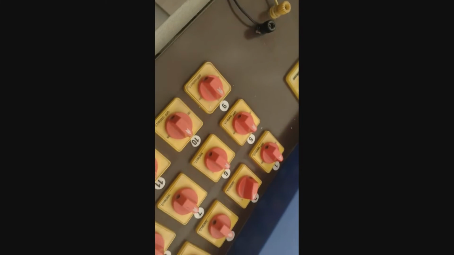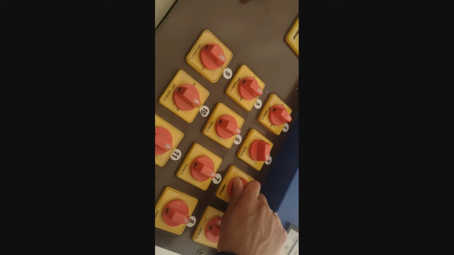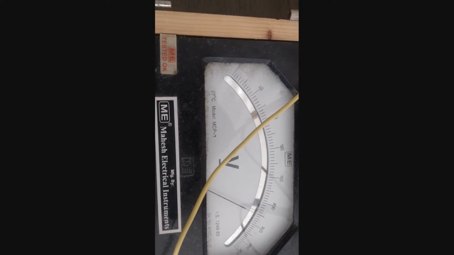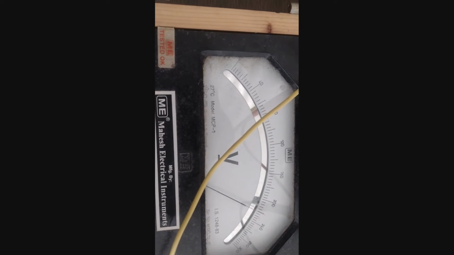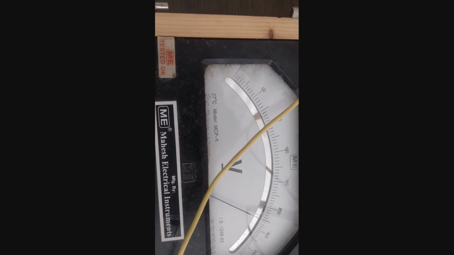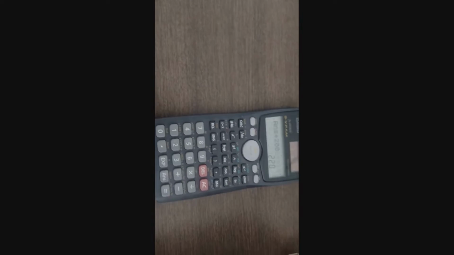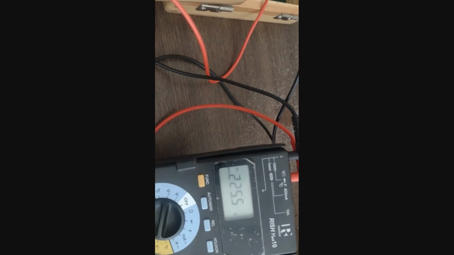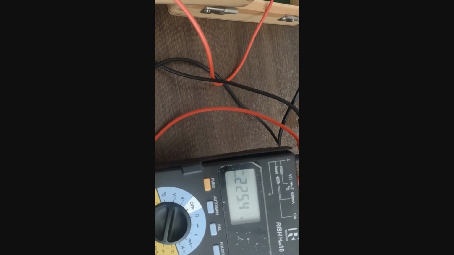Then we switch on the second load switch and take the second reading. See, the pointer is at the 5th line from 200. So 4 into 5 is equal to 20, plus 200. So the voltmeter reading is 220 and the digital multimeter reading is 225.4. Okay, so this is the second reading.